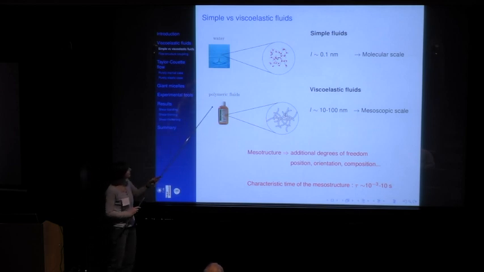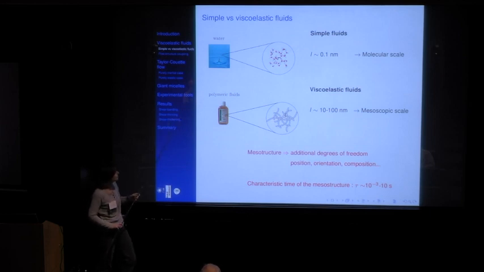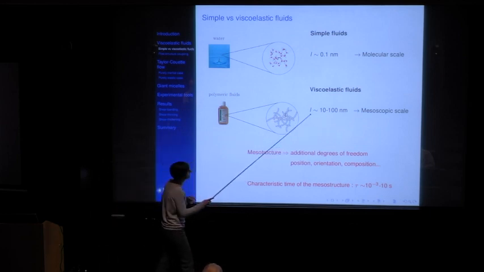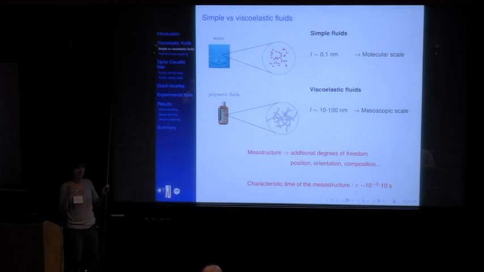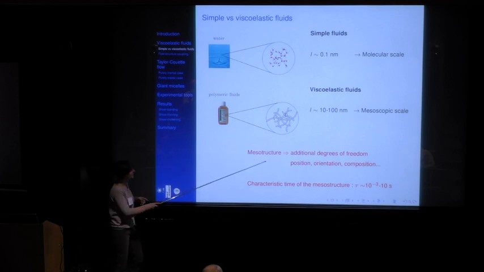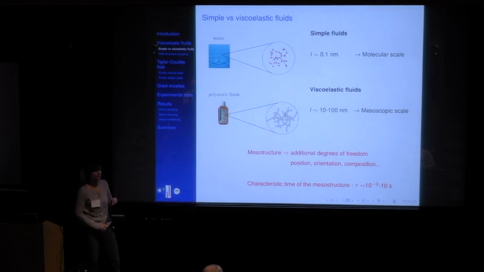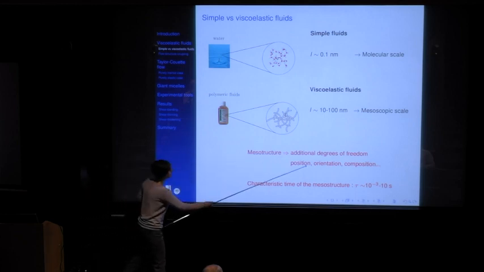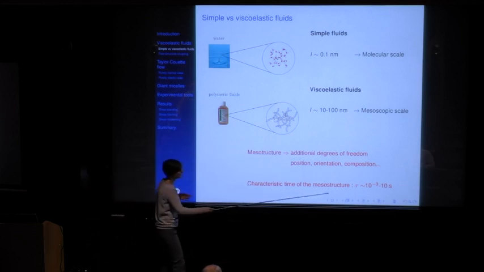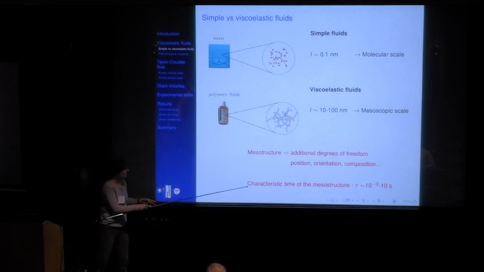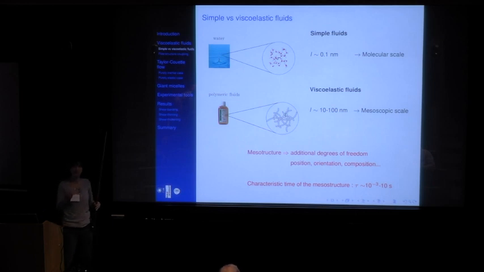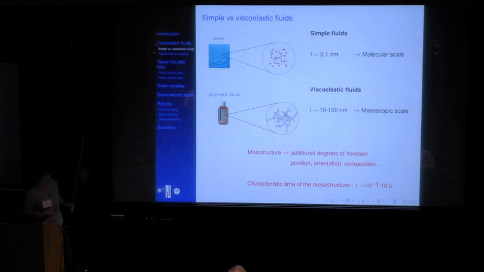So in contrast, viscoelastic fluids, as many other complex fluids, are structured at a mesoscopic scale, so typically ranging between 10 and 100 nanometers. And so the existence of such mesostructures provides additional degrees of freedom in the system. And the characteristic time scale associated with these degrees of freedom is much larger, typically ranging between 10⁻³ and 10 seconds. And so such order of magnitude of the characteristic time scale makes the system easy to probe or easy to excite with usual shear flow or usual flow rate.